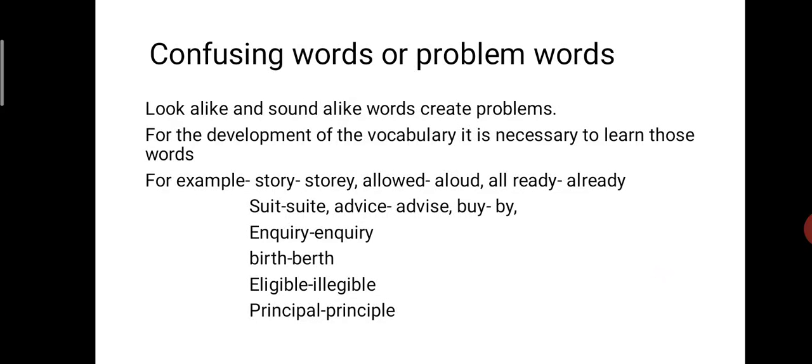That's why the words confuse us when we pronounce them. That's why we have to see the spelling or the contextual meaning of it. Words create problems due to pronunciation, sounding alike and looking alike.